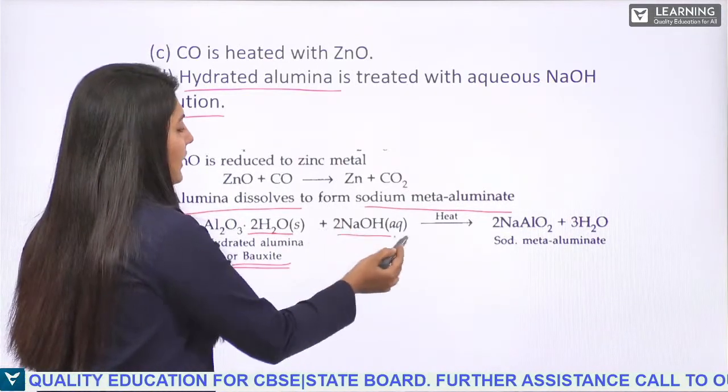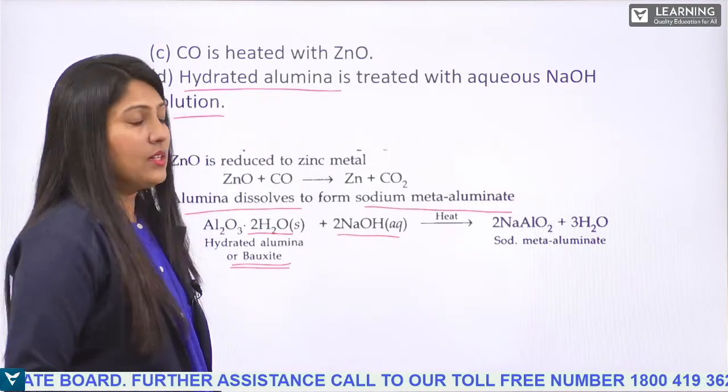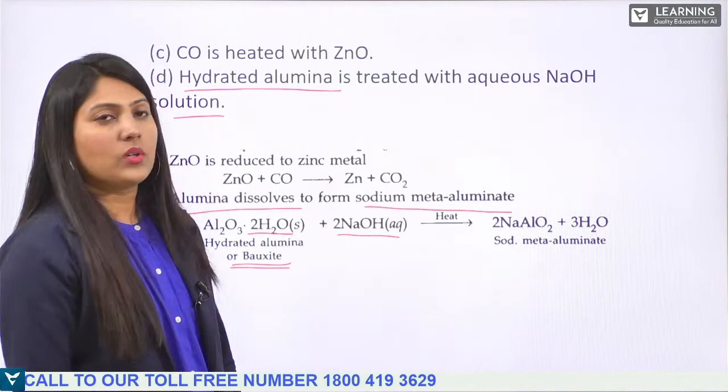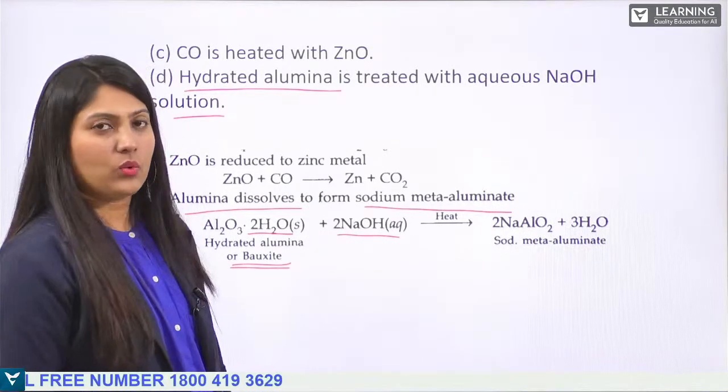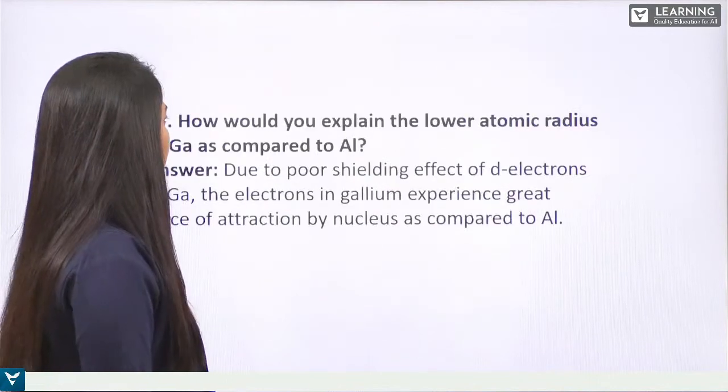When that is reacted with the base, obviously we know aluminium will react with base, so its oxide also reacts with base to form sodium meta aluminate with release of water molecules.